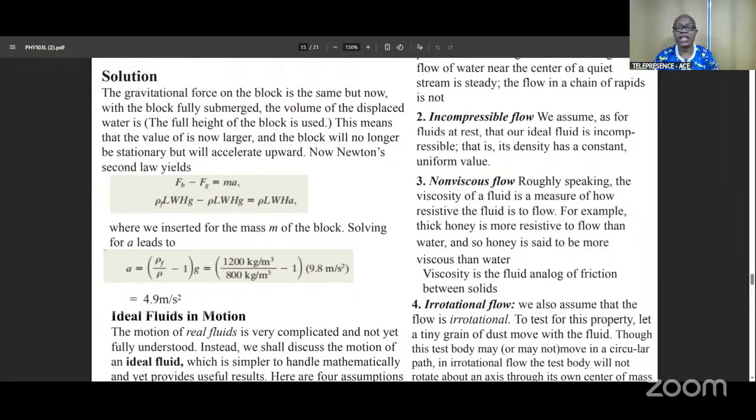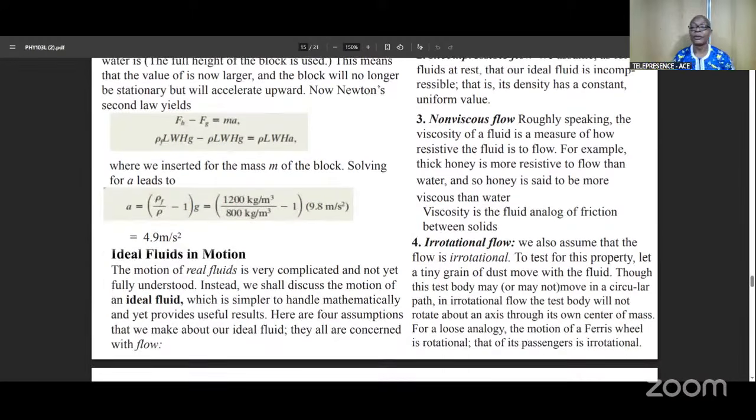Thick honey is more resistive to flow than water, and so honey is said to be more viscous than water. Viscosity is the fluid analogy of friction between solids. So an ideal fluid is non-viscous, or undergoes non-viscous flow.